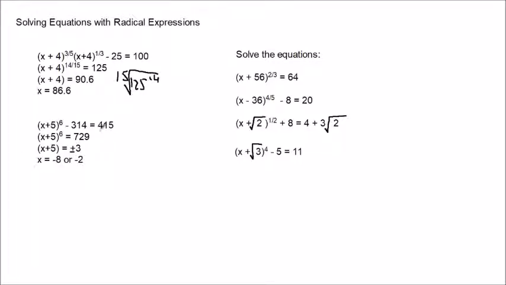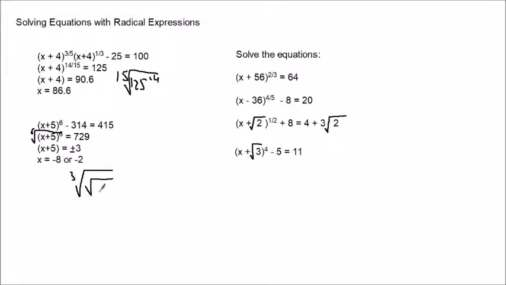Same for this one. This one's a little different because there's two solutions. You add 3 to the 1/4 and get 729. Now the sixth root, when you take the sixth root, is basically taking the square root and then taking the third root. When you take a square root, there's two solutions to an equation.